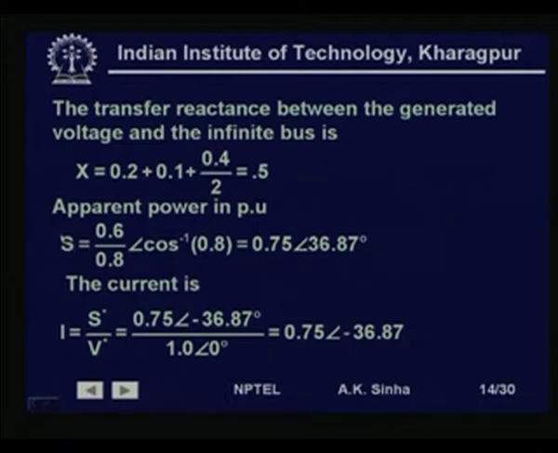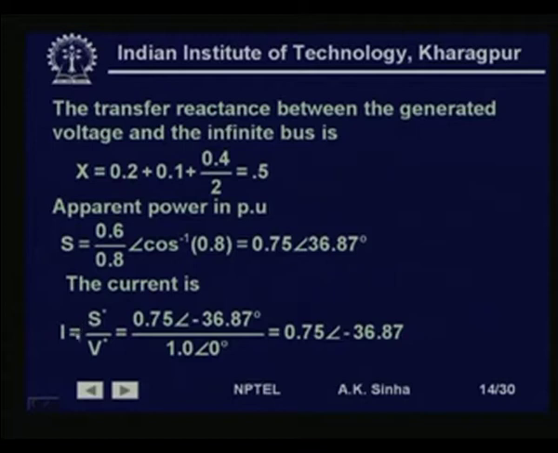So, S is equal to 0.6 by 0.8, where 0.6 is the power per unit and 0.8 is the power factor. So, 0.6 by 0.8 with angle cos inverse 0.8. The apparent power in per unit can be written as 0.75 with an angle of 36.87 degrees.